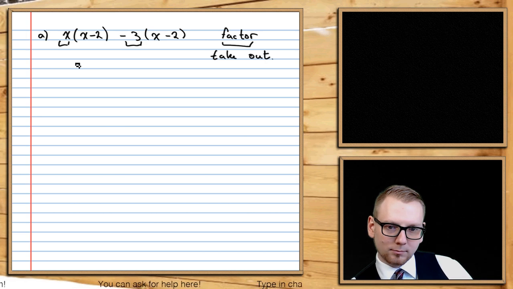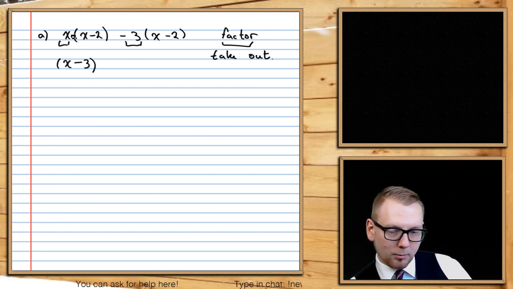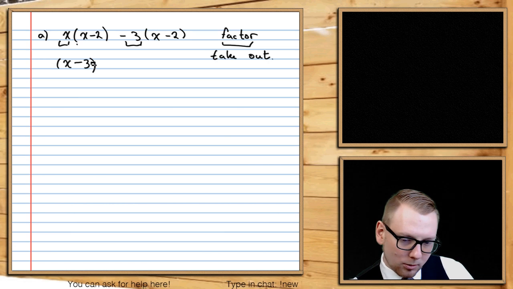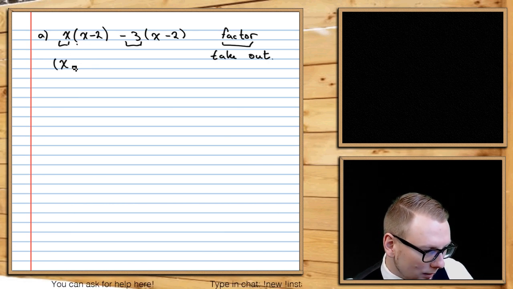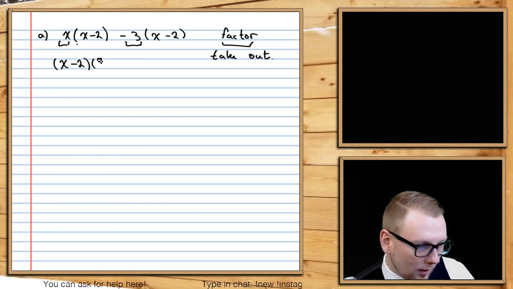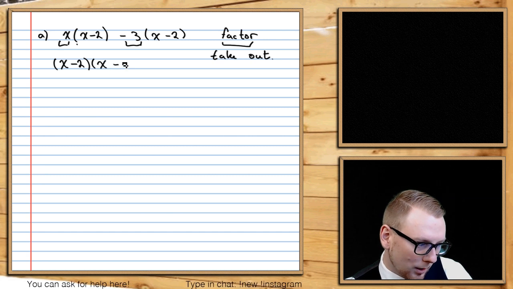Well, not the answer. That would be one of the things, x minus 3. But then you still have, because remember you took out the x minus 2. So x minus 2. And then what do you have left over? You have the x minus 3.